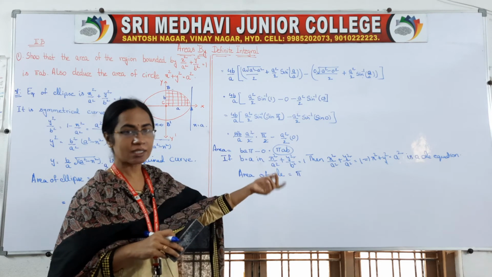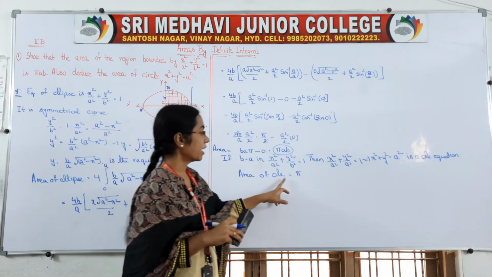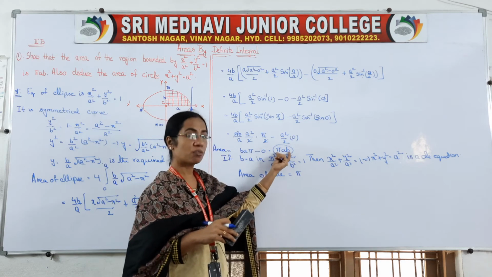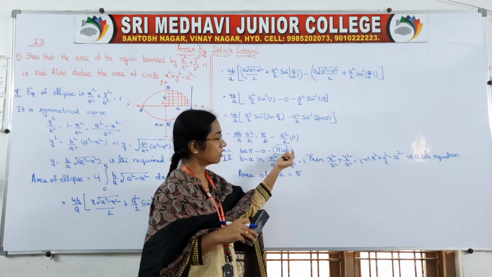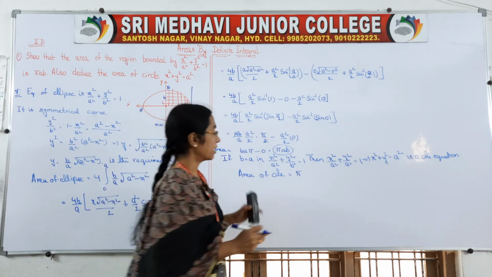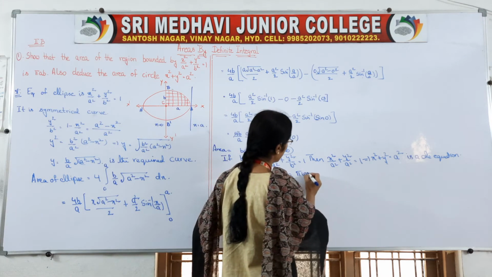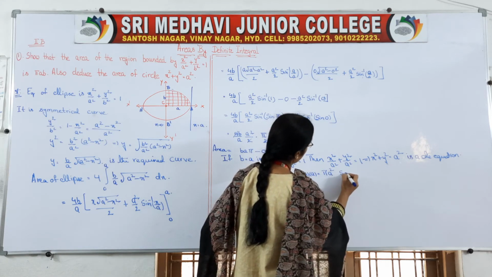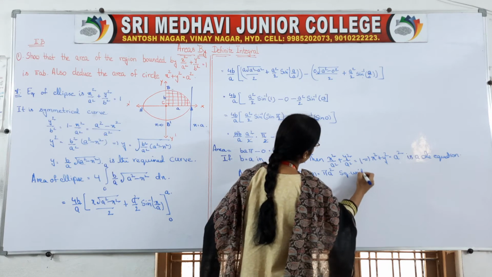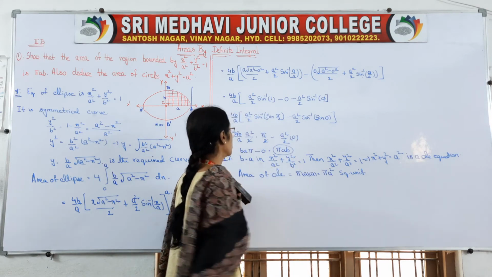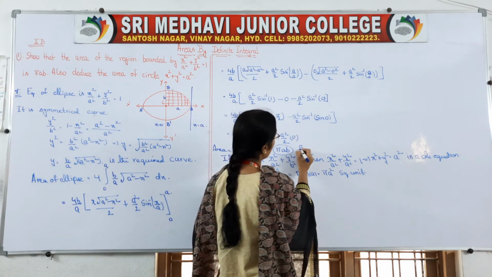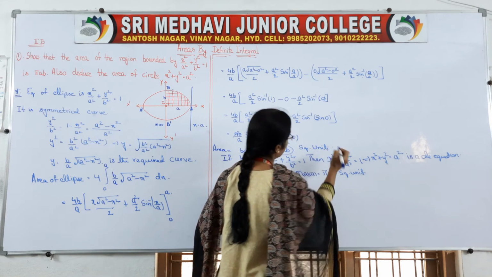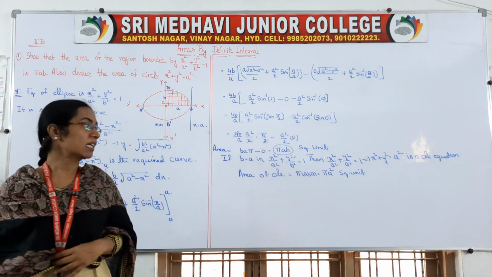How will we find it? In the area of the ellipse, wherever b is there, you substitute a. So it is pi into a, which is equal to pi a square units. Here also area is, how will we write, pi AB square units.